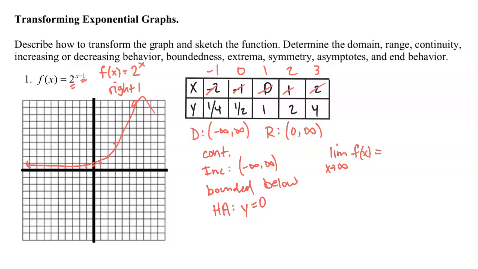So as we look at the right end of the graph, the y values are increasing without bounds, so they go to infinity, and the limit as x goes to -infinity of f of x. Well, as you go to the left, this graph is approaching the y coordinate 0, and so this left end behavior limit is going to equal 0.